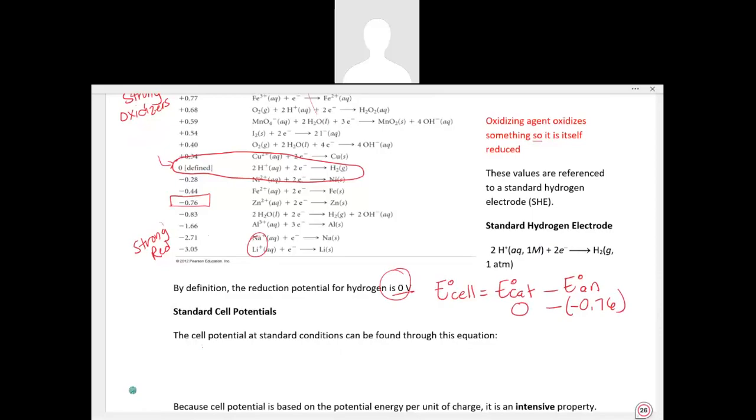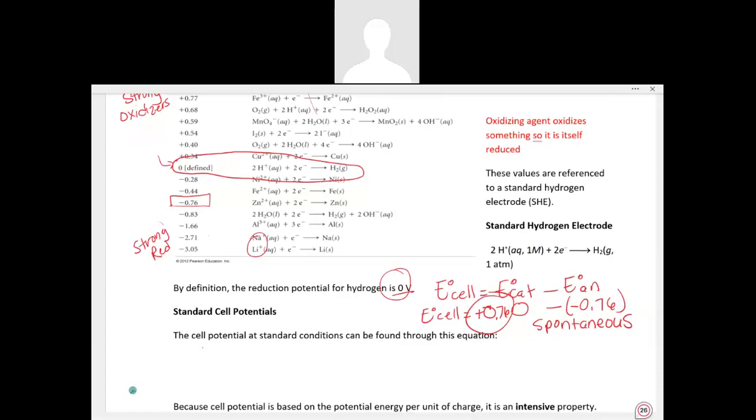So our cell potential, if we use that standard hydrogen electrode and we measured just our anode, we would get that our cell potential is plus 0.76. And we'll see that whenever we have a positive cell potential, that will indicate a spontaneous reaction. So we'll look at some other equations that will help us with this realization.